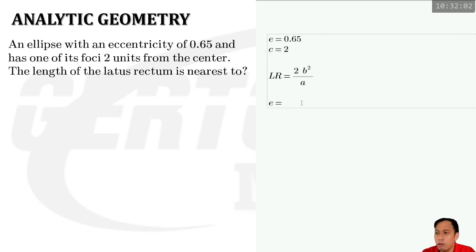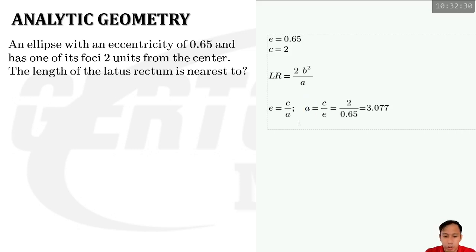To solve for A, we're gonna find it from the relationship of eccentricity equal to C over A. Since A is unknown, this is C over E. And that is equal to 2 over 0.65. That's 3.077. Yan yung value ng A.